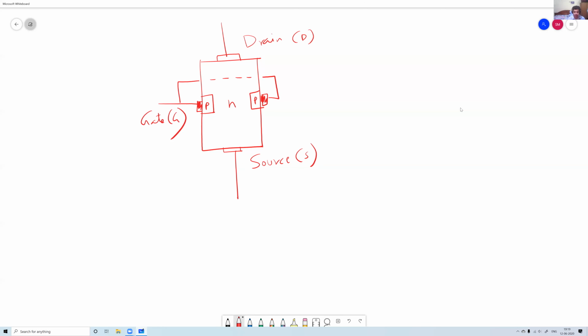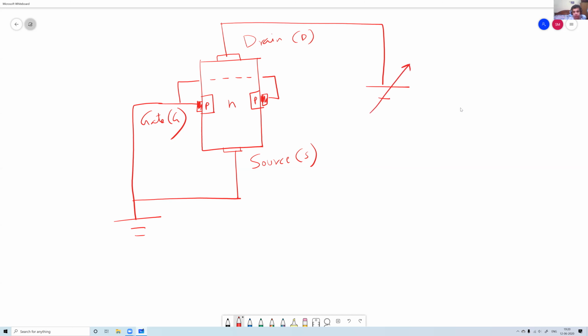So how does it work? Let us connect the gate and the source to ground. Let us apply a variable positive potential at the drain. Let us say this is VDD. So what happens? Here there are free electrons because it's N type, and these free electrons will be attracted towards the drain terminal.